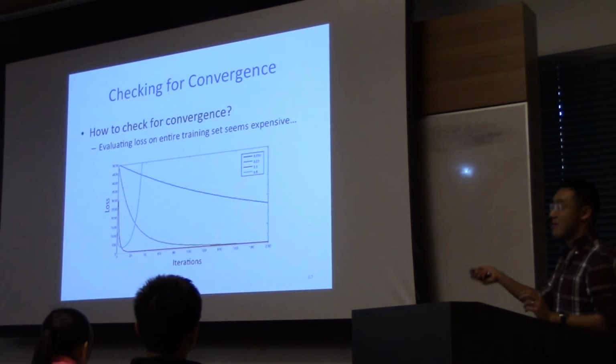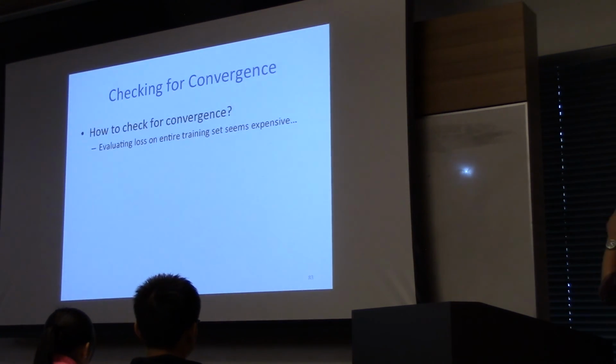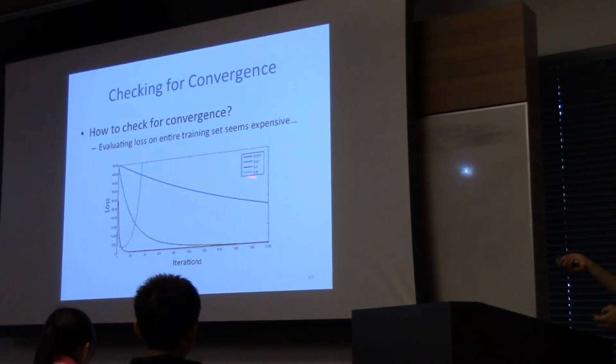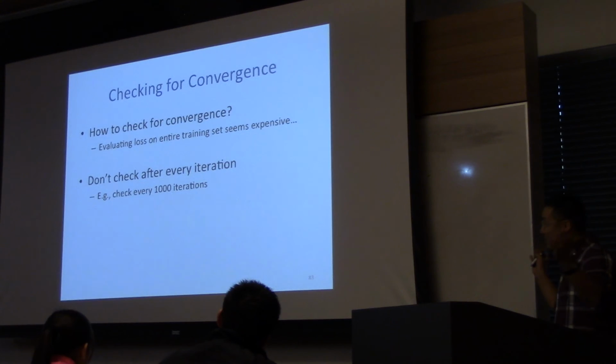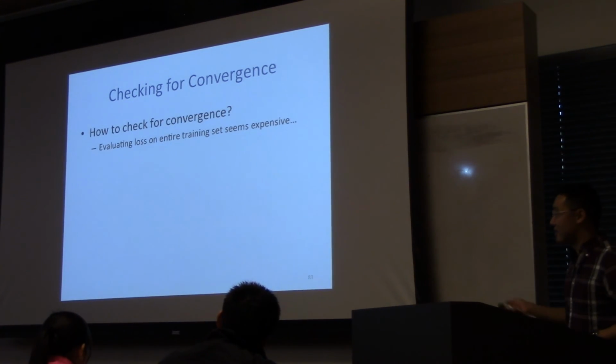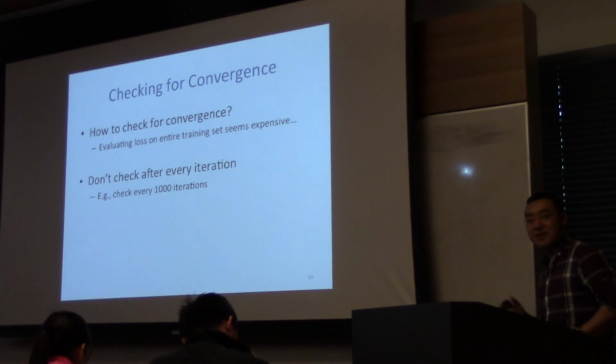At least to do it every iteration. And if you do this every iteration, I guarantee you're going to lose all the speed benefit you get from stochastic gradient descent. It happened to work for this example because this is a toy example. So there are a few tricks. You don't have to check every iteration, right? I'm checking every iteration here. You can check every 1,000. You can check every 10,000.